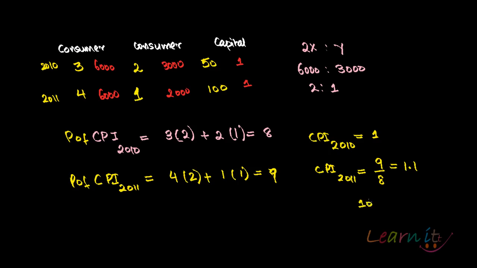So 1.1 say. This means that the price of the representative basket of goods has increased by 10% from 2010 to 2011.